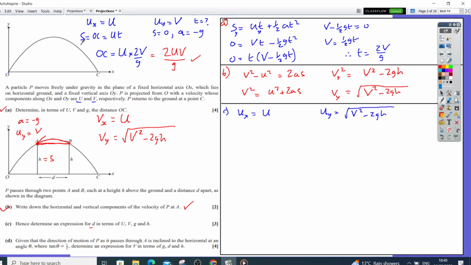So we know the displacement is d. So there's the displacement formula here. If we say that s, which is now d, is going to equal u multiplied by t, and if we rearrange that, we then get t is equal to d divided by u.